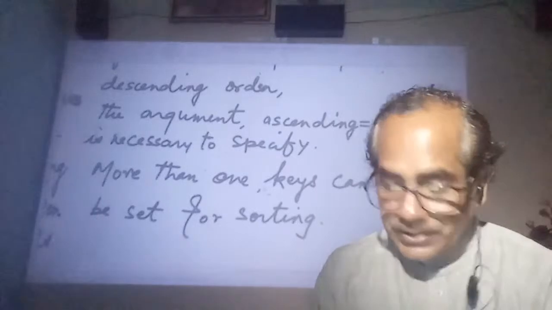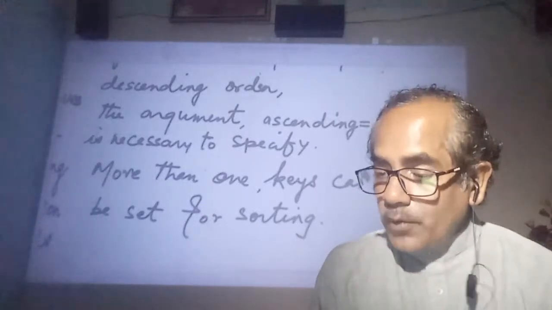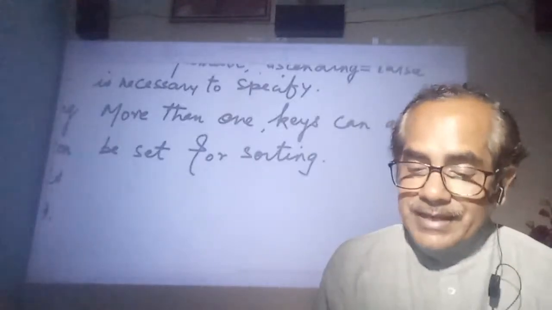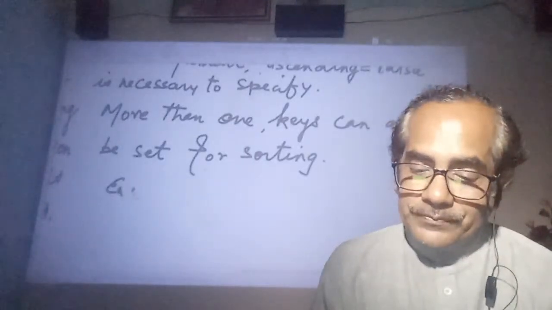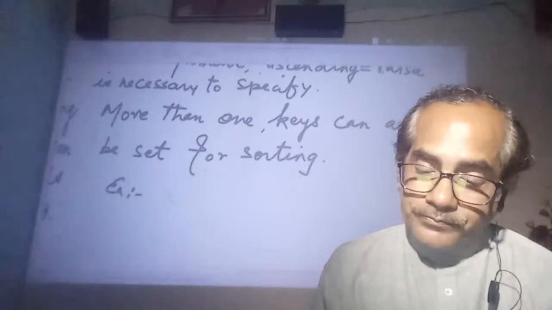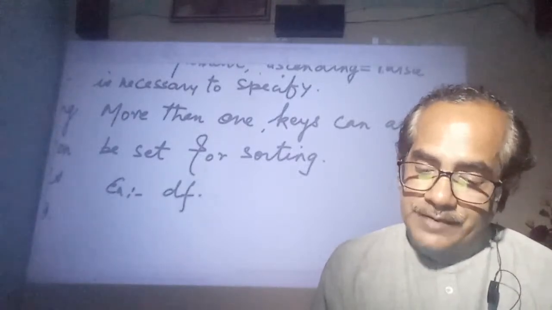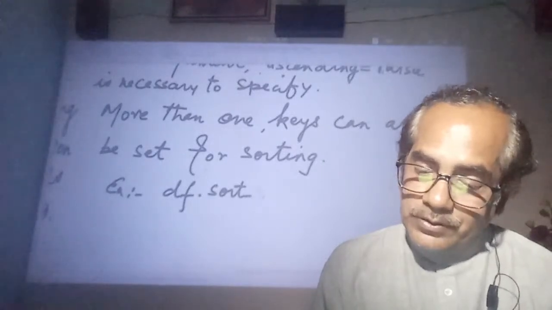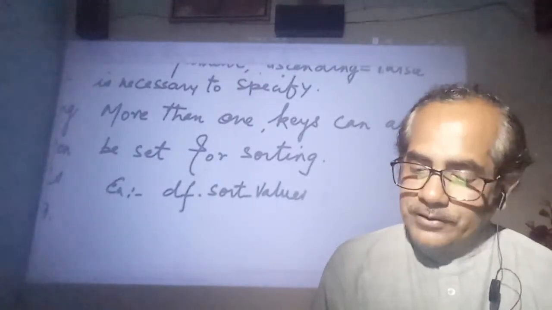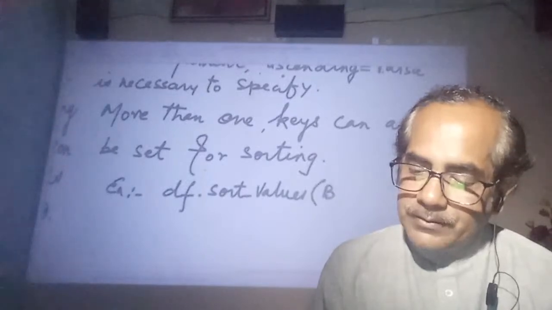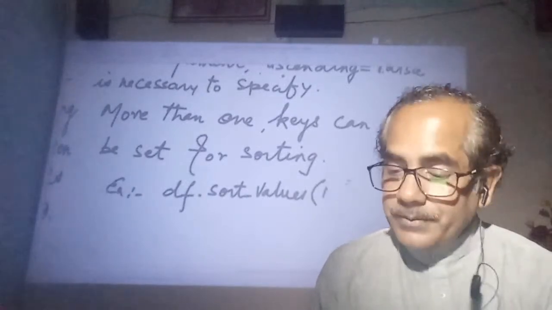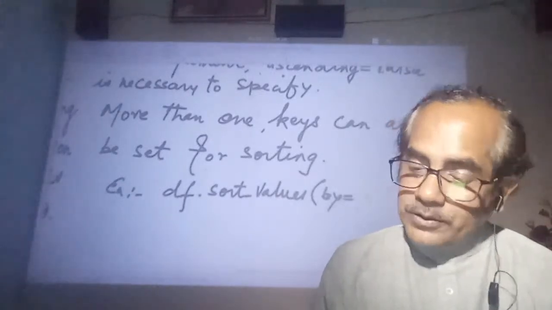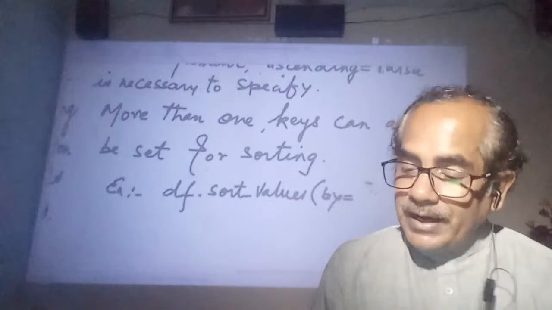So here you see I was writing more than one key provided for the sorting. Let us say as an example, df.sort_values by equal to, I will give simply a list.